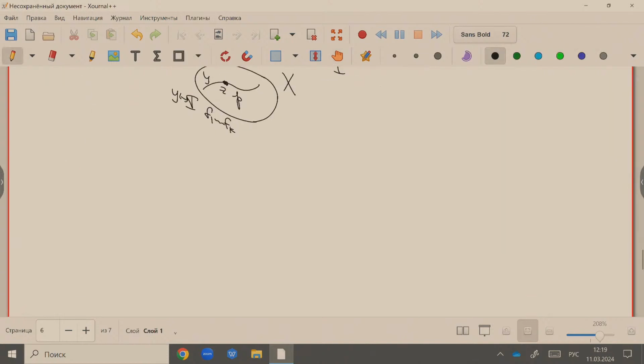So, theorem, strong form, which is the Hilbert Nullstellensatz itself.